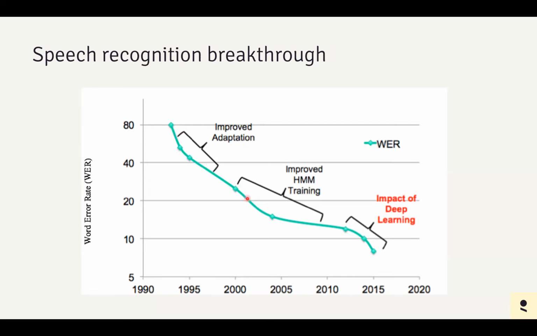But over the years, there have been steady improvements, and it's especially this dip we see over here, which actually ends in 2015. So there are additional years of improvement here, and that's the impact of deep learning, where we have new techniques for actually doing speech recognition that turn this technology into something useful.